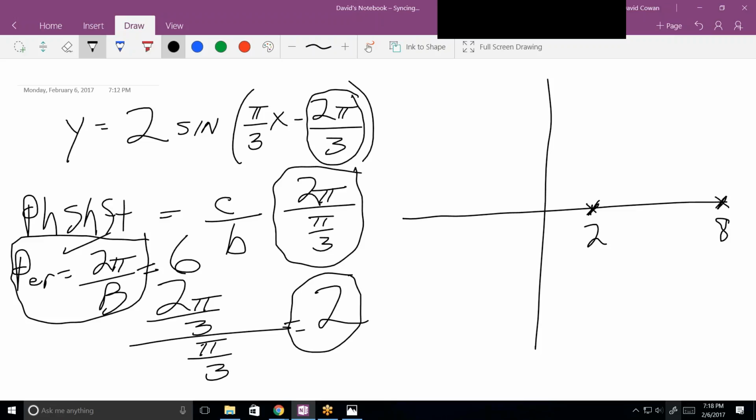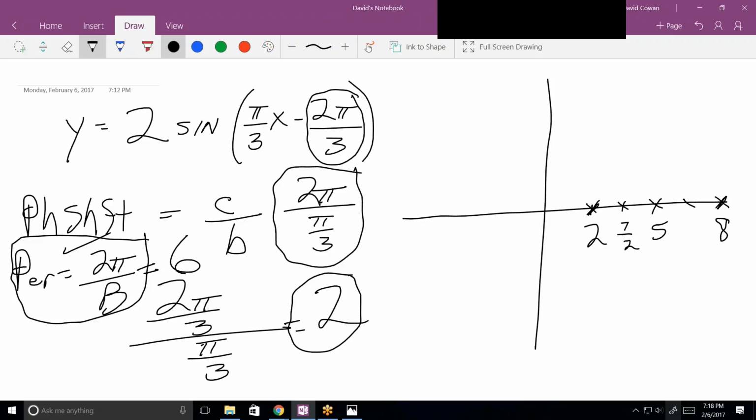What's this point here? It's going to be 4. No, add the two numbers, divide by 2. Oh, yeah, that's going to be 5. Okay, this point right here, it's going to be 3.5, 7 halves.